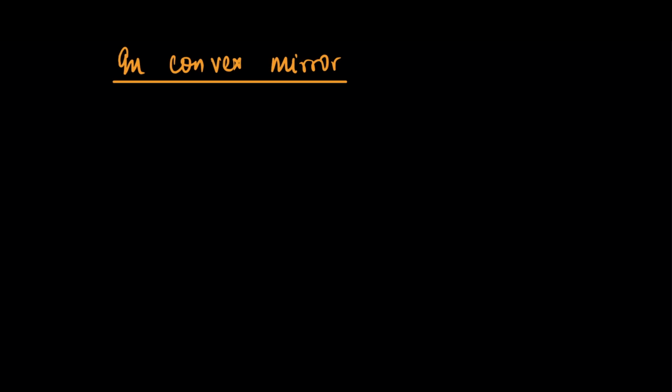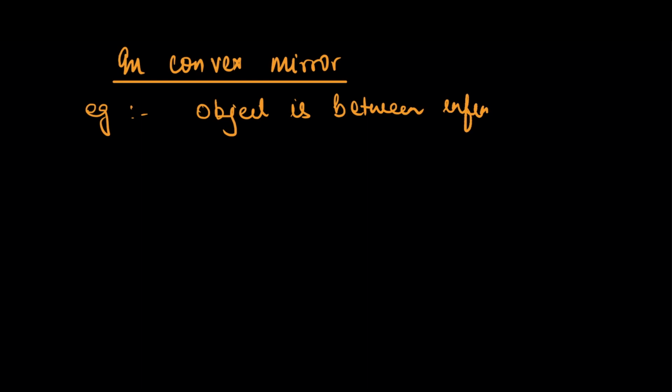So it means that here only one table is sufficient because we have only virtual image. So let's take an example where the object is present between infinity and pole.